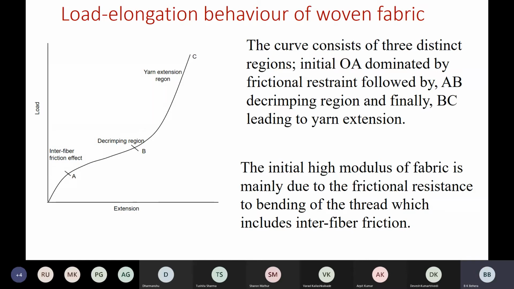That means if you carry out a tensile test, taking a piece of fabric, let's say extending in warp direction, you will get a typical load extension curve as you see here.